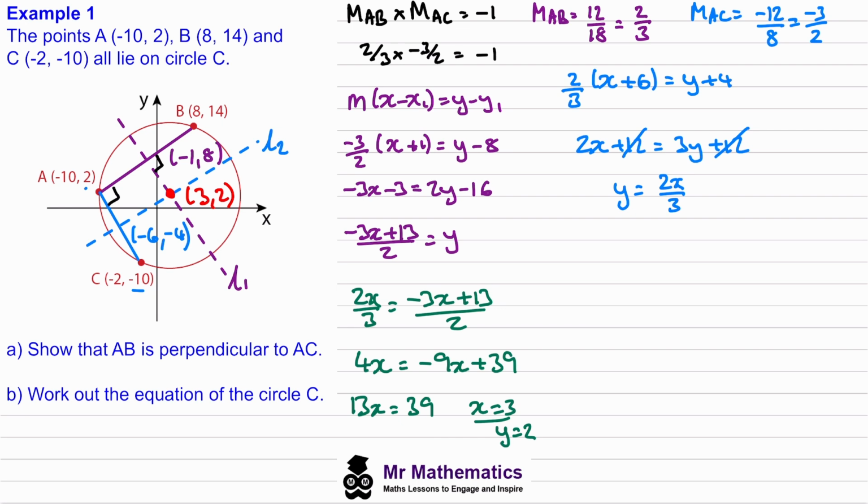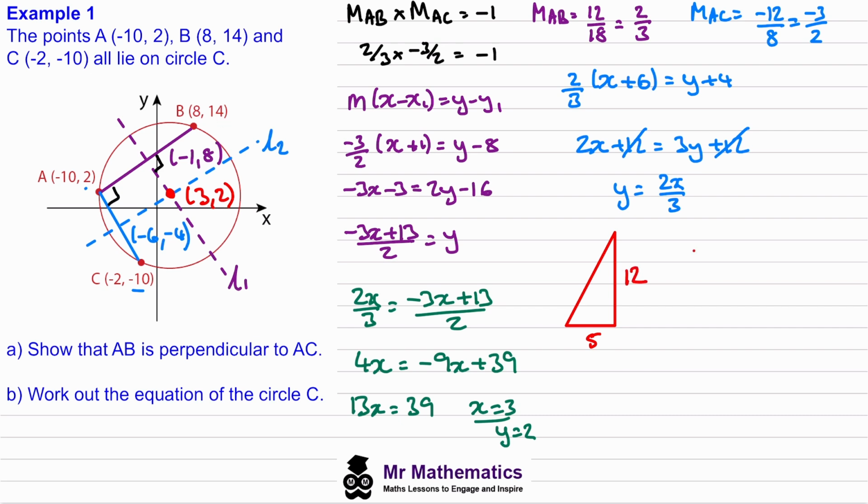Okay, so the next point is we need to find the radius of our circle. If we create a right angled triangle between the centre and point B, then we can use Pythagoras' theorem to work out this length. So we know the base will be between the 3 and the 8, which is 5. The height will be between the 2 and the 14, which we know is 12.